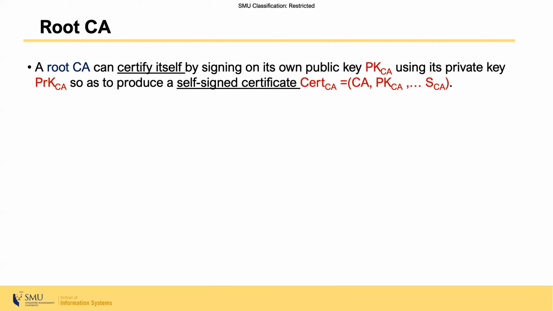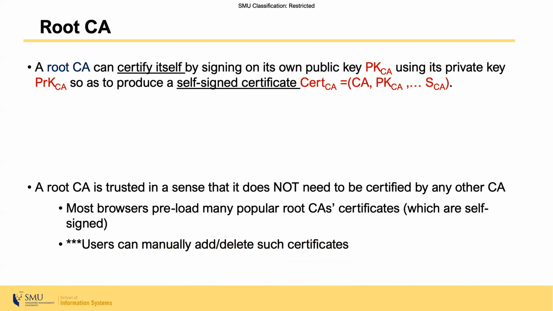And when you need to verify certificates, you have to verify the chain all the way up until you reach the certificate of the root CA. And then once you reach that root CA, you stop. A root CA does not need to be certified by yet another CA anymore. As soon as you reach the root CA, you stop.